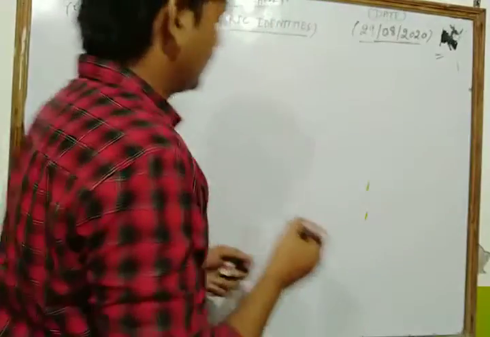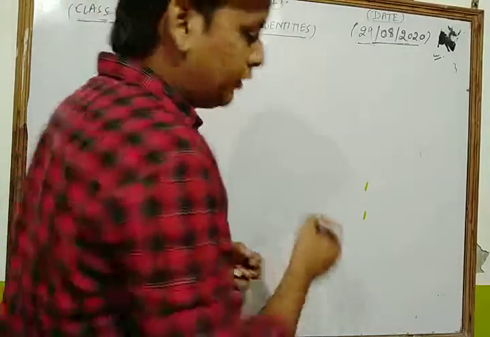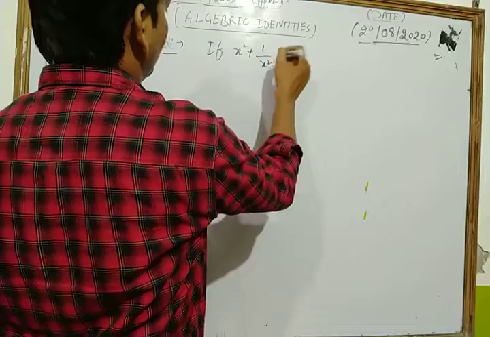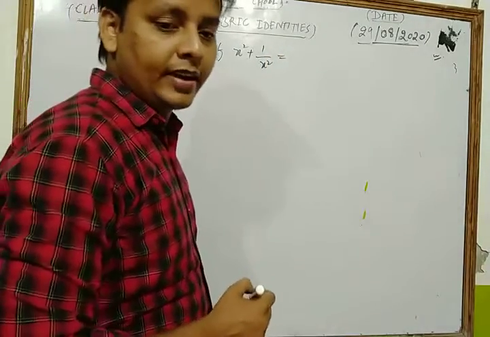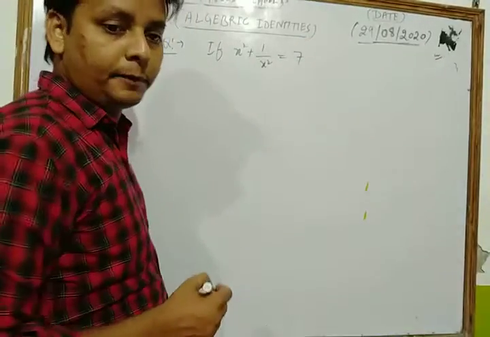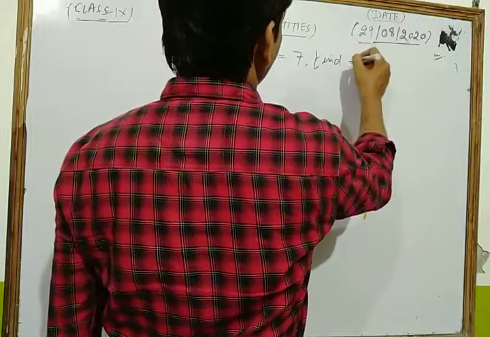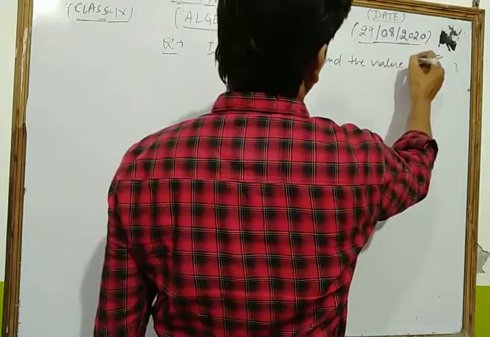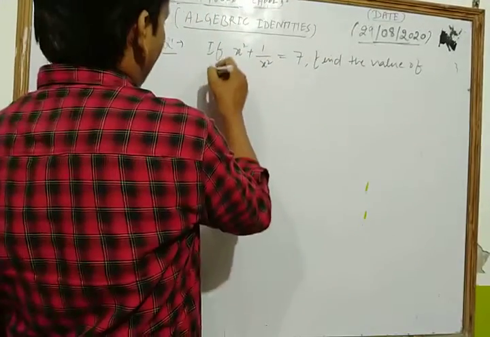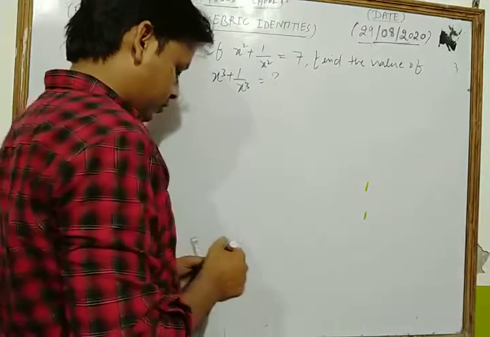Okay, now your first question, dear students, is: if x square plus 1 upon x square is equal to 7, find the value of x cube plus 1 upon x cube.